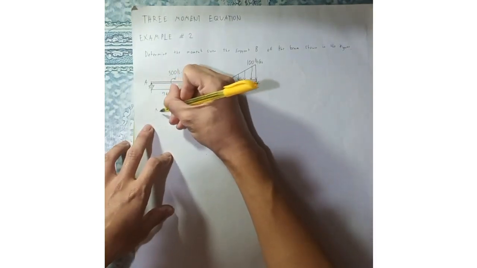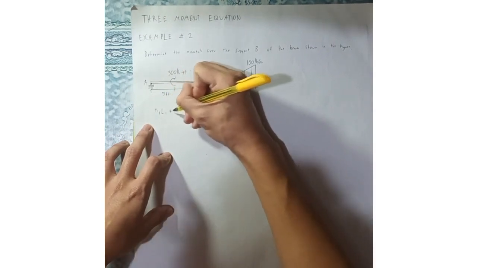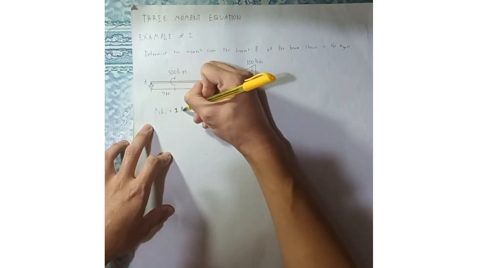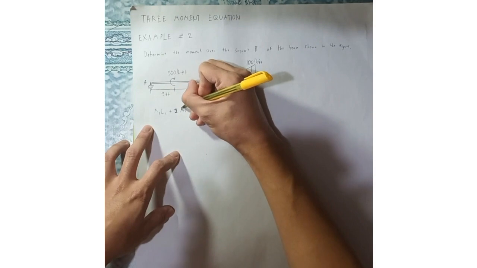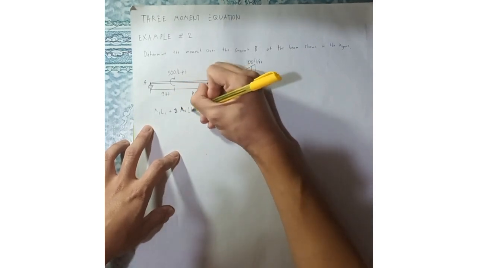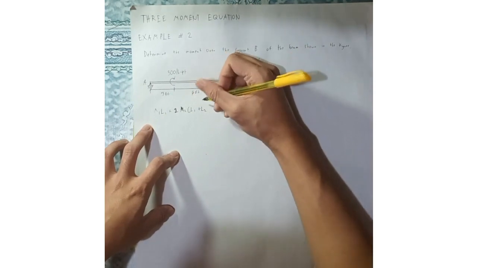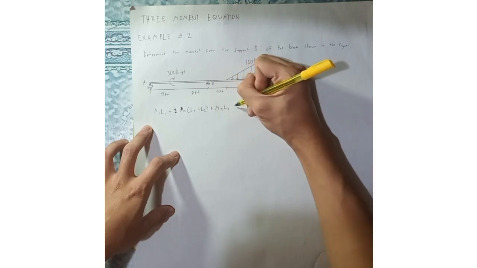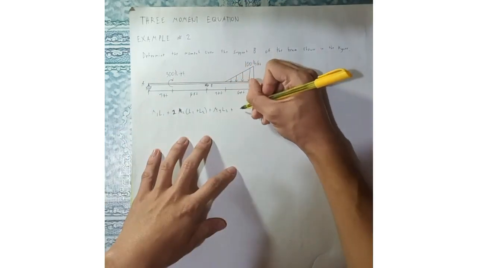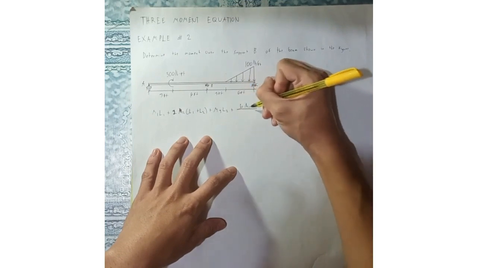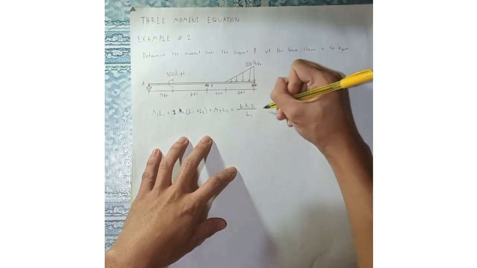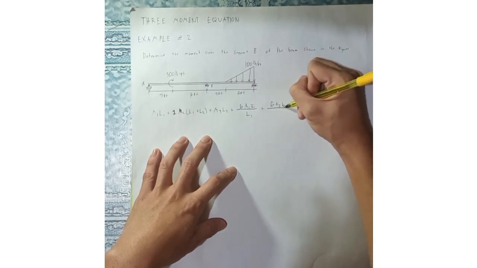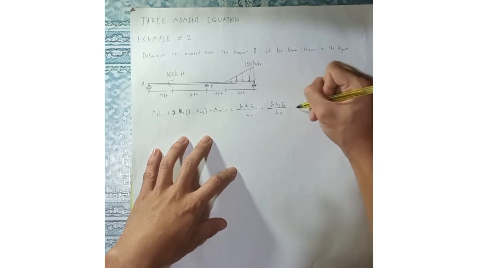So M1 L1 plus 2M2 times L1 plus L2 plus M3 L2 plus 6A1 A bar 1 over L1 plus 6A2 B2 bar over L2 equals 0.